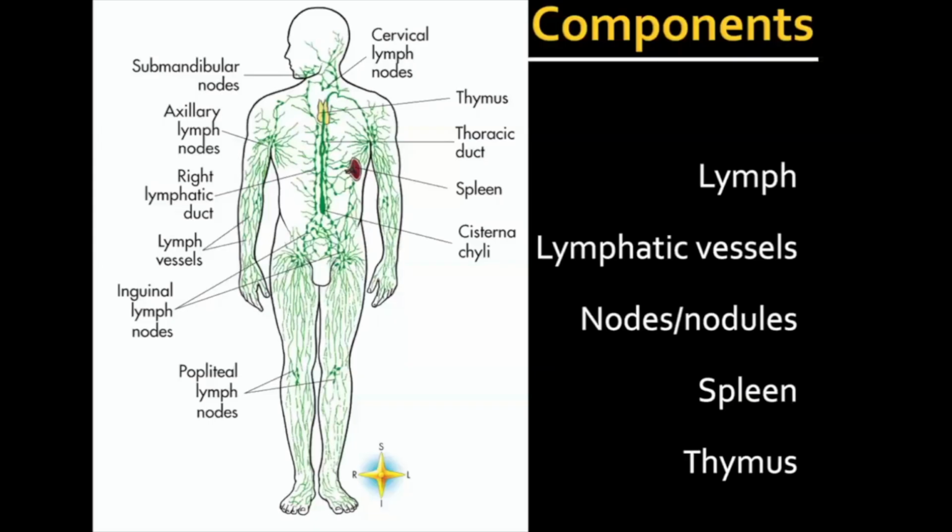So the components of the lymphatic system are lymph or lymph fluid, and lymphatic vessels. They go from large to small, just like your blood vessels. Lymph nodes and nodules. The spleen and the thymus gland are the two other components.